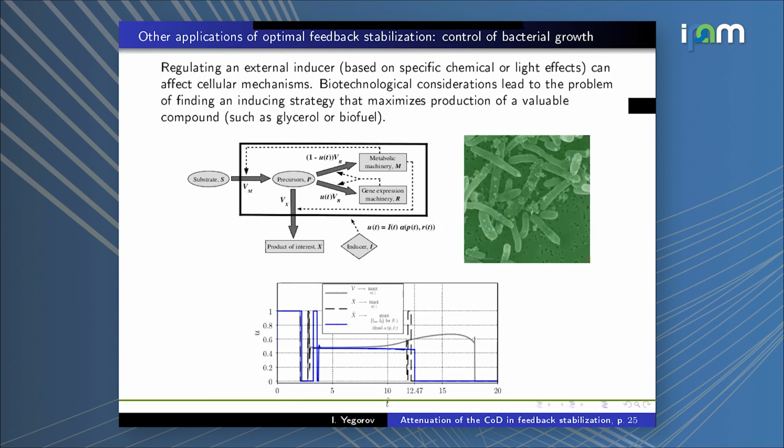So if we are in a batch reactor, will sufficiently cheap chemical inducers give us good suboptimal results? Do we have to buy very expensive light inducers? And it turns out that if we use just a chemical inducer, we will be relatively close to our optimum. So at least for batch reactors, when we are in a closed container, we don't add anything, we just see what happens there.